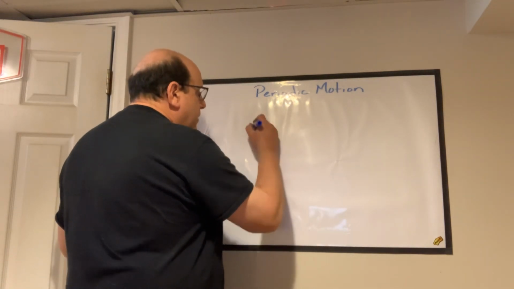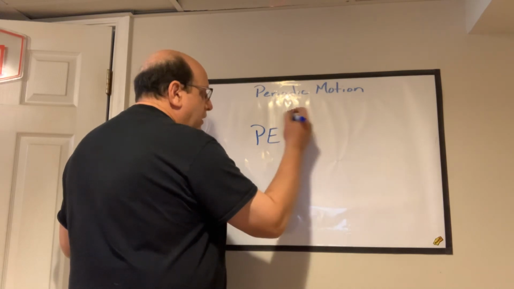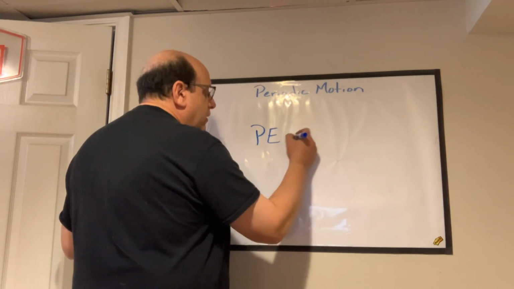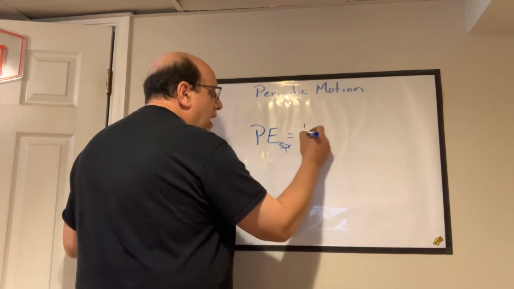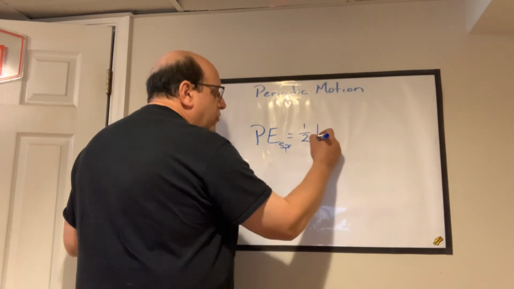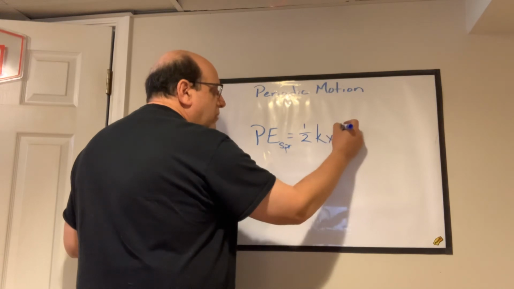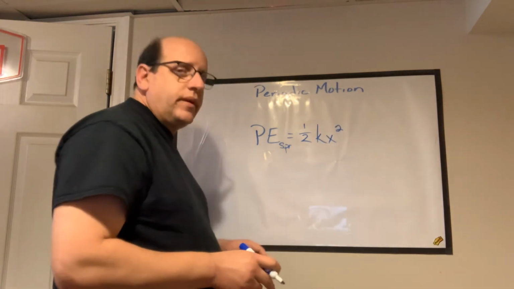The potential energy in a spring is equal to 1/2 the spring constant times the distance squared.